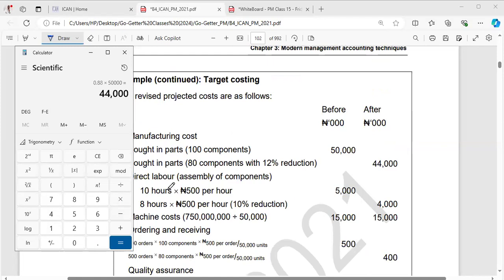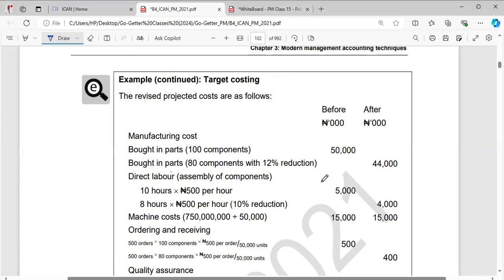Then when we have 10 hours before and we multiply by 500, we have 5,000. And now we are having a 10% reduction, which is as good as saying 8 times 500.